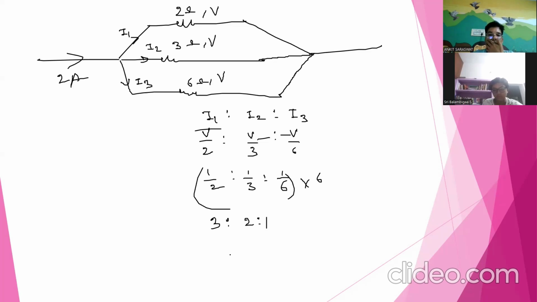Clear? Then what is the ratio of current I1, I2, I3? 3 ratio 2 ratio 1. The current which is coming from here, in what ratio will it divide? 3, 2, 1. Then I1 will be what? 3 by the total parts, 3 plus 2 plus 1, of the total current.